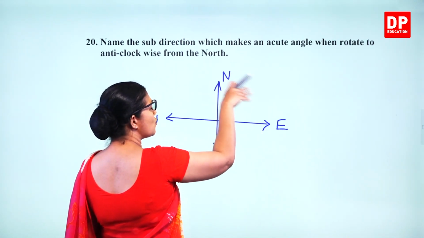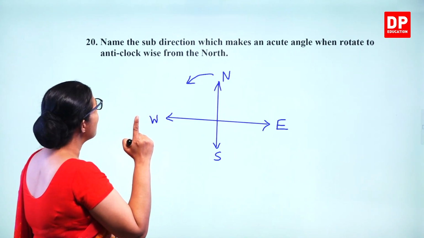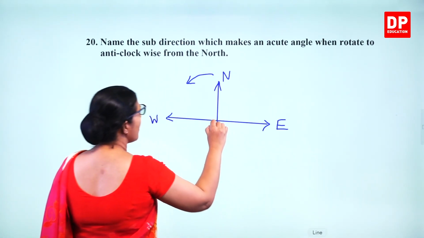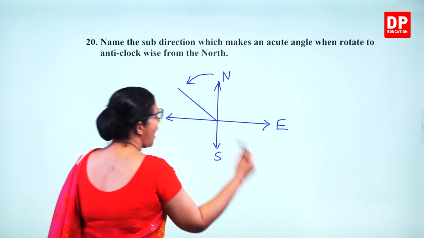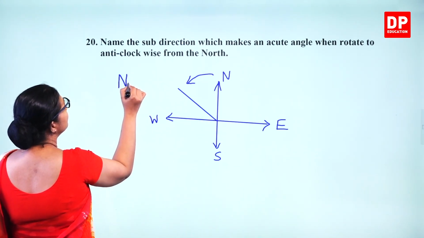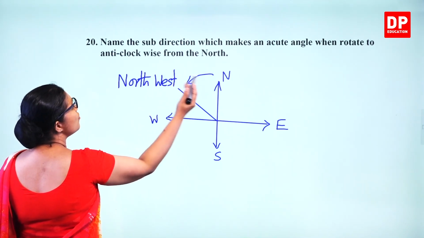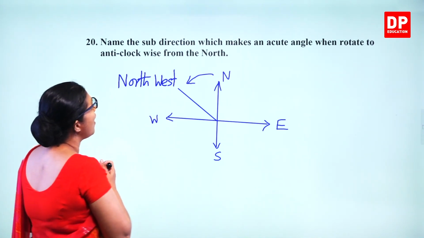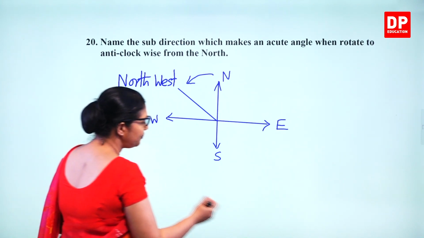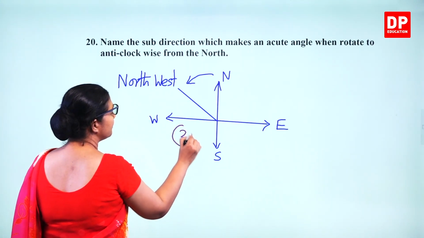Clockwise direction is this way. So anti-clockwise means this way from north. So what's the subdirection here? In between north and west we call it northwest. That's the subdirection when you rotate anti-clockwise with an acute angle. You get 2 marks.